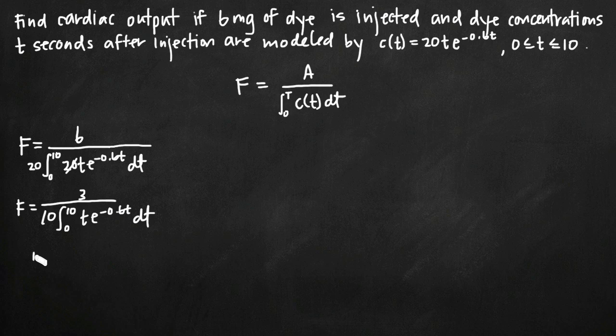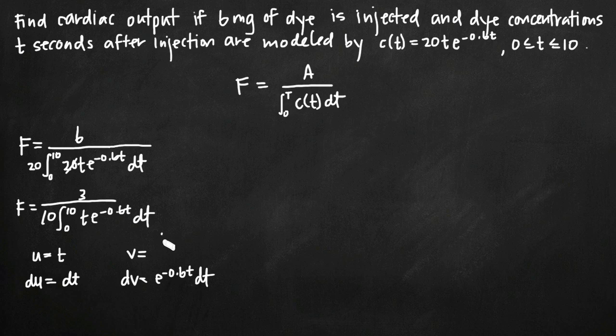So for integration by parts, we'll set u equal to t. We will set dv, the other part of the integration by parts formula, equal to e to the negative 0.6 t dt. We'll take the derivative of u to get du, and of course the derivative of t is just 1, so we have 1 times dt, or just dt, and we'll take the integral of dv to get v.